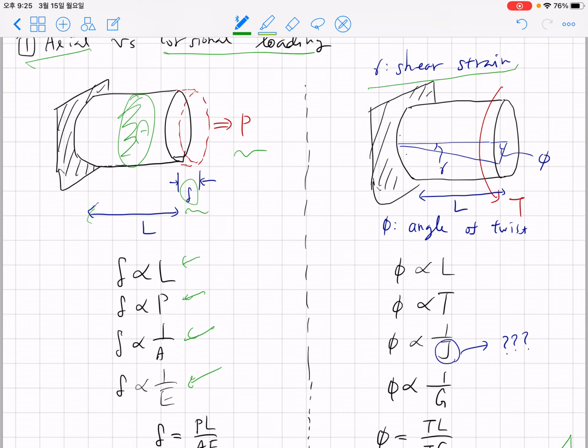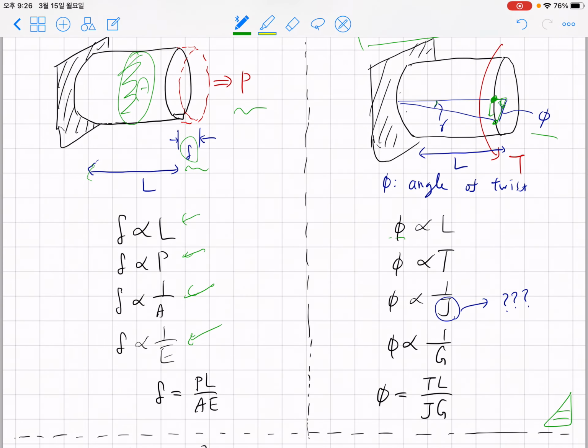Here we set gamma as the shear strain on the surface, and we call the twist angle phi. Originally the green point was located here, but after torsion it moved to here, and you measure this angle, which we call the twist angle.